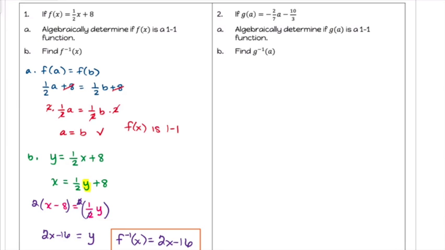Here we have the same kind of process. We have our function g of a. Algebraically determine if g of a is a one-to-one function, and then go ahead and find the inverse. So part A, I'm going to let you guys try.